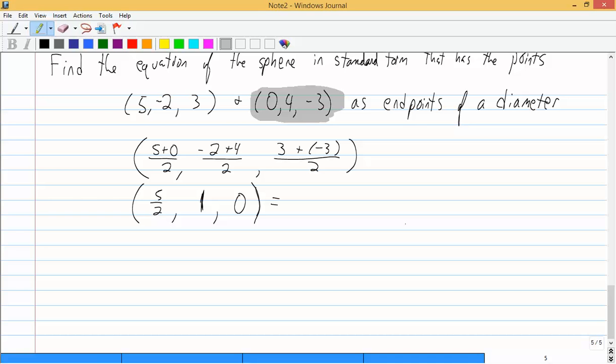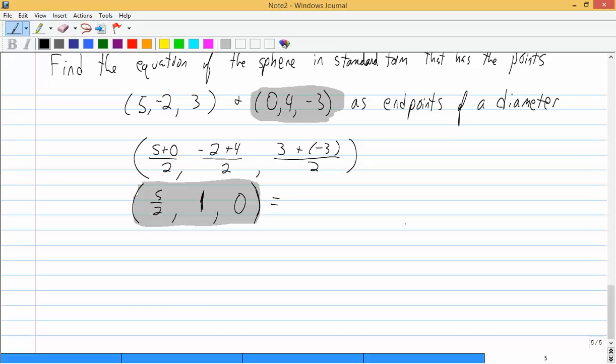And then we have to use this right here. This is our center. So if we go from the center to either point, I'm just going to use this one, then if we find that distance, we'll have the radius. It doesn't matter which one you think of as x sub 1, y sub 1, z sub 1, just make sure that you think of one of them as the first point, the other as the second point.